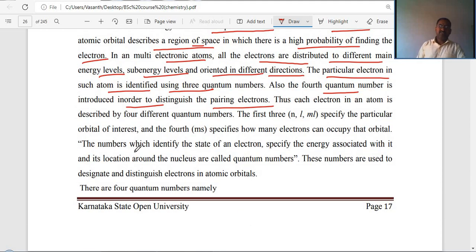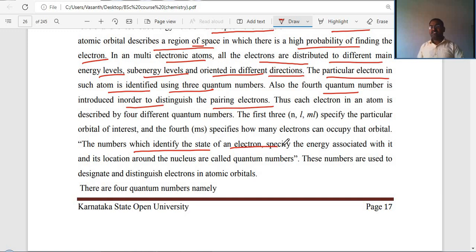The numbers which identify the state of an electron, specify the energy associated with it and its location around the nucleus are called quantum numbers. These numbers are used to designate and distinguish an electron in an orbital.